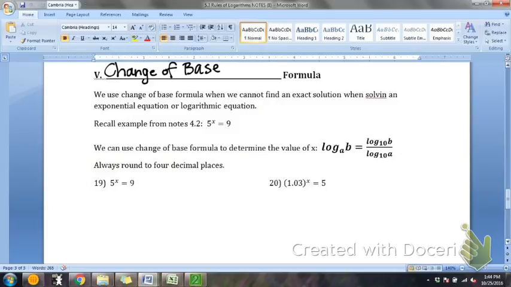Right? So if I look at this example, it's not from notes 4.2, that's something else, so you can cross that out. If you try to think about a number, 5 raised to what number is going to give you 9? Let's think about that. If I do 5 to the first power, that's just 5, right? What about 5 squared? What is 5 squared?